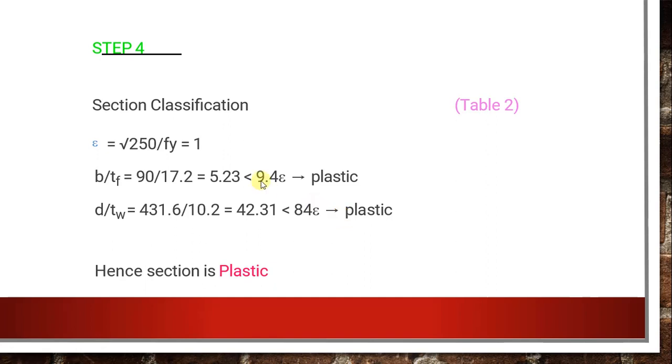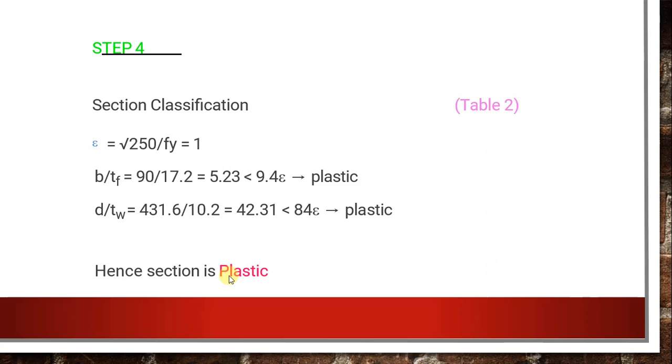So here 5.23 is less than 9.4 epsilon E, and 42.34 is less than 84 epsilon E, so hence the section is a plastic section. Basically there are three classifications of section: plastic, compact and semi-compact. This theoretical portion I already explained in your theory classes.